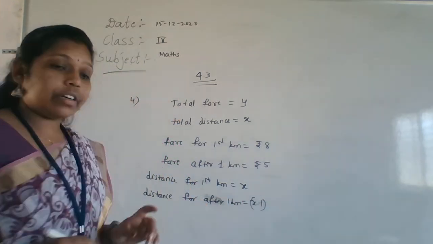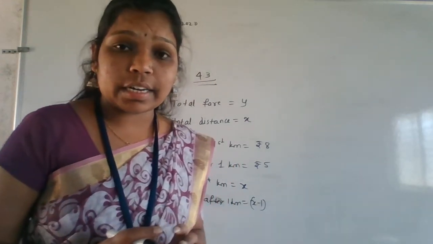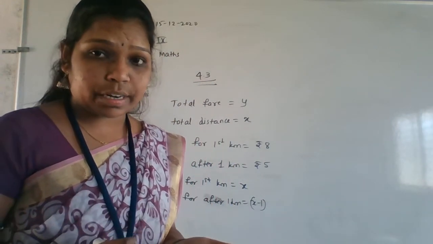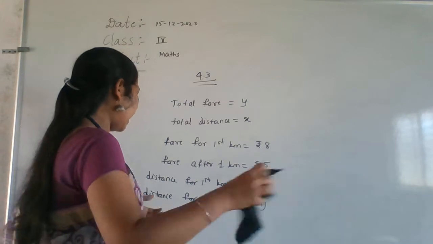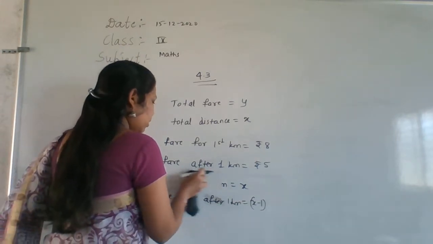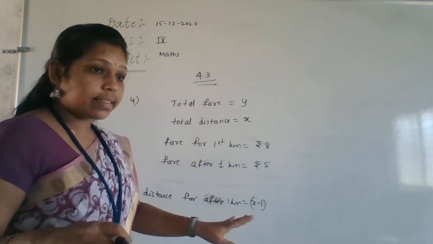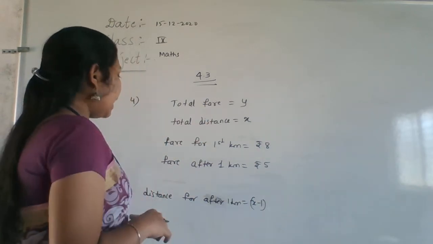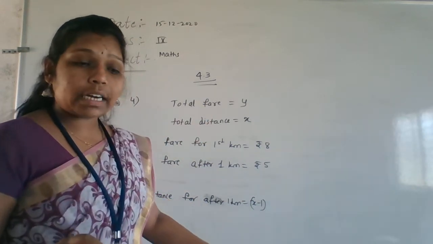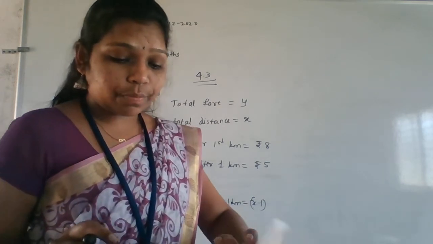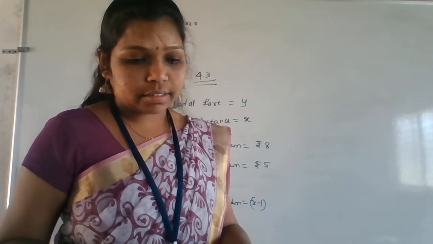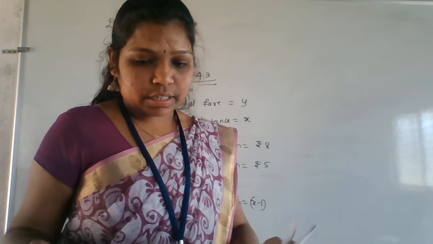See here, first we get the total distance as x kilometers only. Otherwise, don't take this one, it is not necessary here. So we know that total distance is x kilometers. But the fare after 1 kilometer is rupees 5 here. They have given like that.